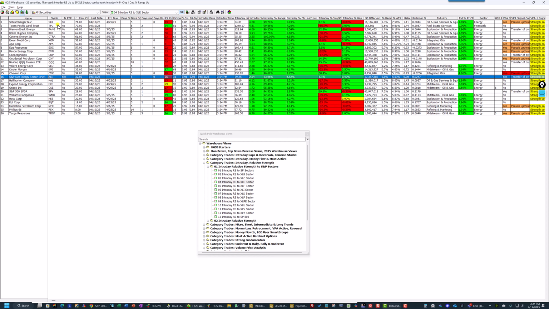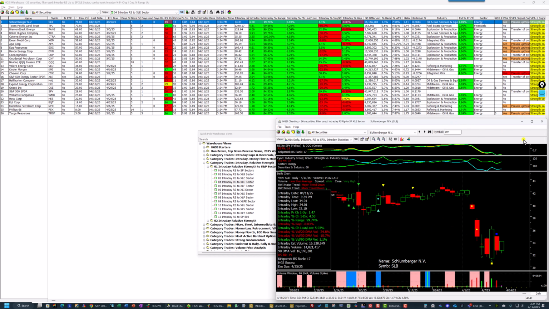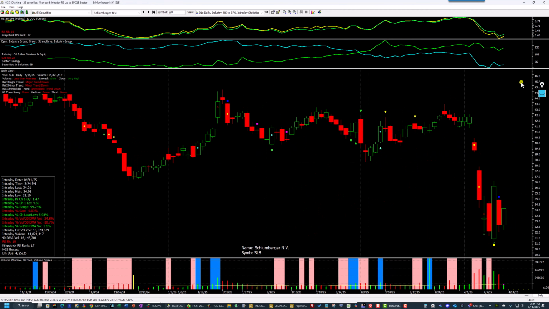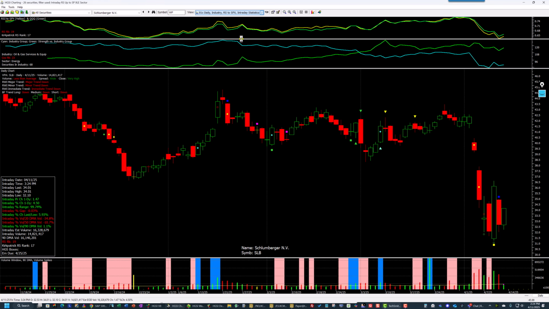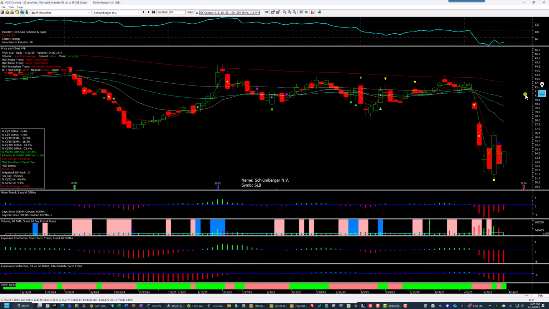So let's just take a look at Schlumberger, bring it up, make it full screen, and this stock is obviously still in a downtrend after this huge sell-off. If I go to the contemporary here, you can see that the fan is down.